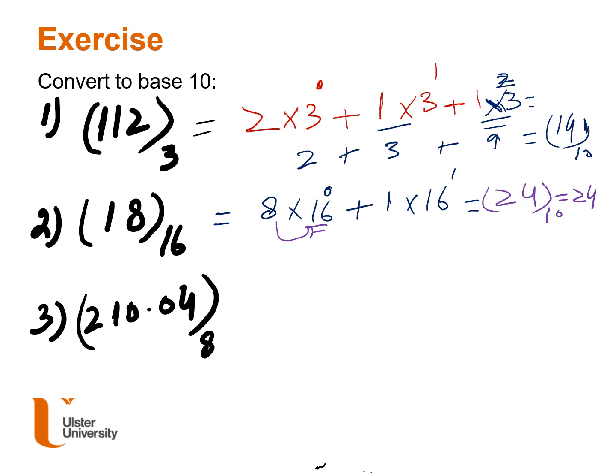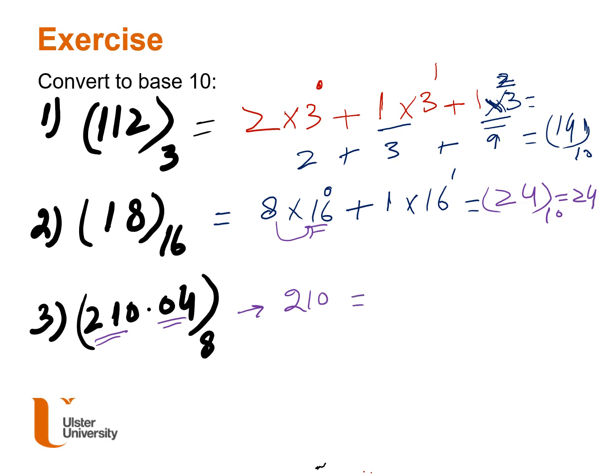Question number 3 has two parts. One is 210 and the other one is the decimal part. Let's try both parts separately. We take 210 first.